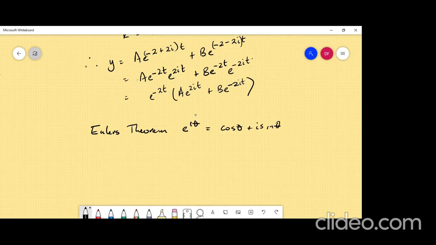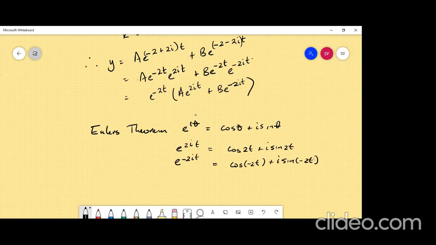So e to the 2i t is going to be cos 2t plus i sine 2t, and e to the minus 2i t is going to be equal to cos of minus 2t plus i sine of minus 2t.